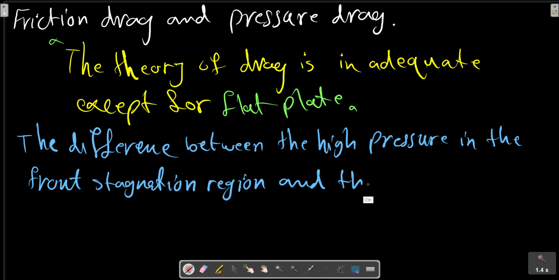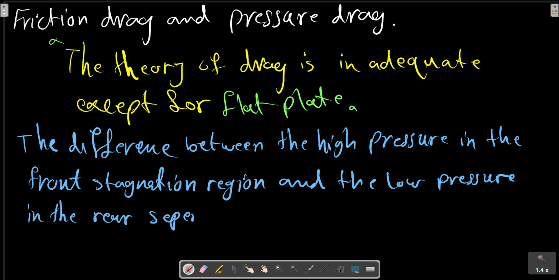The low pressure in the rear separated region causes a large drag contribution called pressure drag.